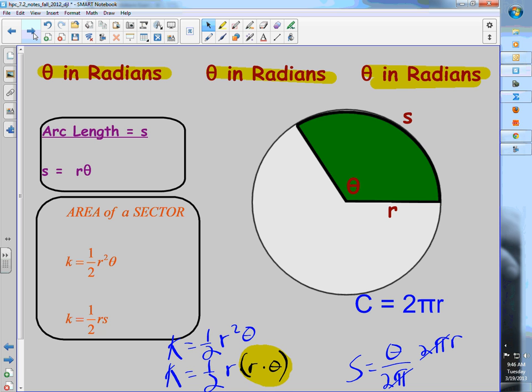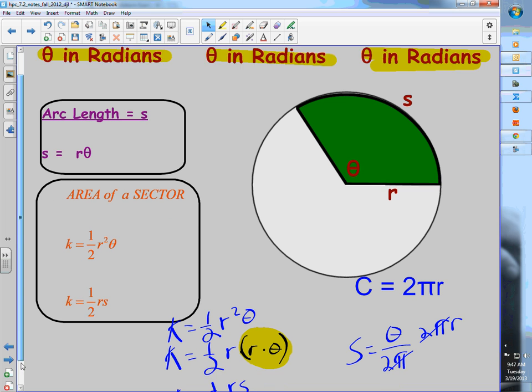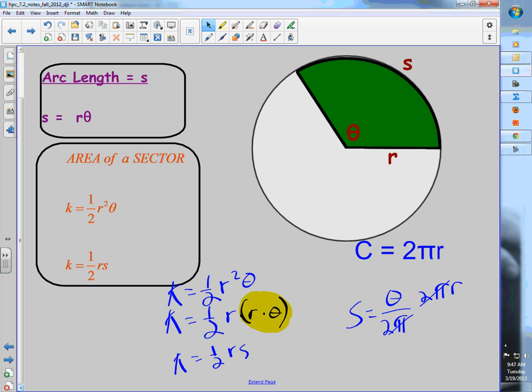Area of the sector, two formulas here. Again, both the same formula depending upon what you're given. One half r squared theta, or one half r s will also give you sector area. If you realize r squared can be written as r times r, and you took one of the r's in the r theta product and replaced it with s, that's where the one half r s comes from.